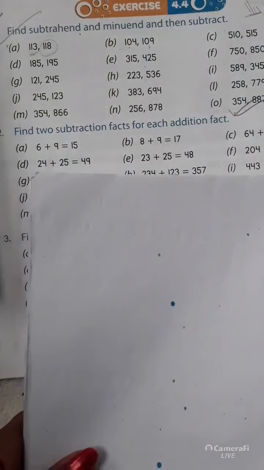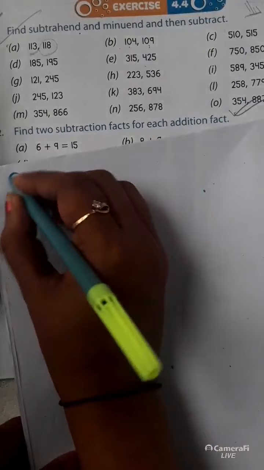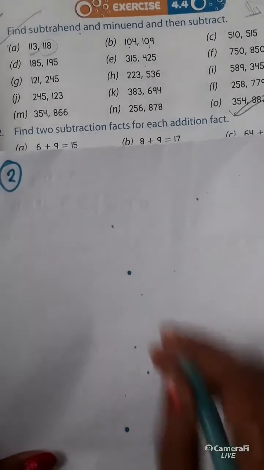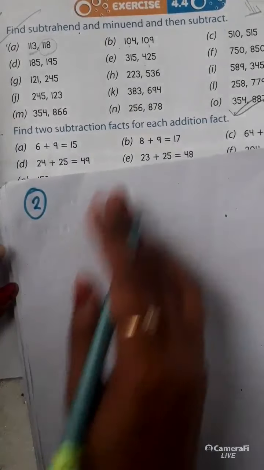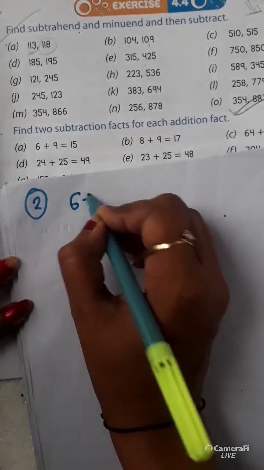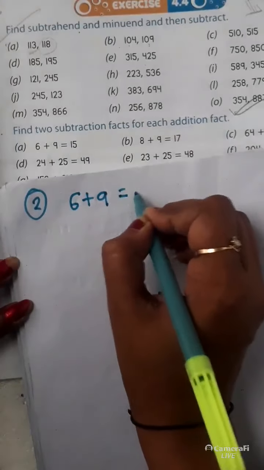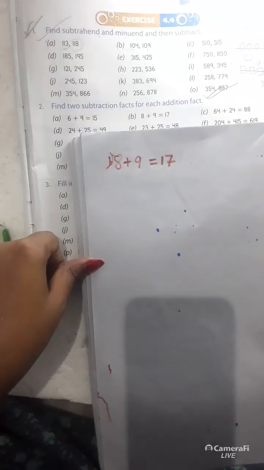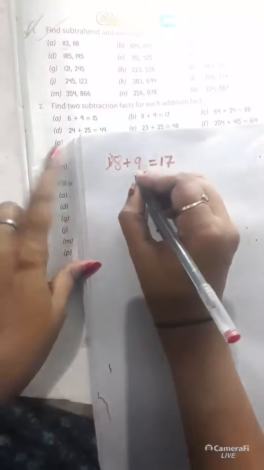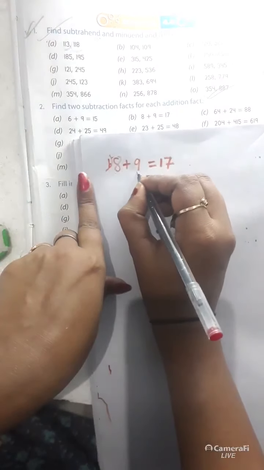Now next one, question number 2. Question number 2 is what? Find two subtraction facts for each addition fact. You can see 6 plus 9 is 15. Okay. So now the second one is what? The second one is 8 plus 9 is equal to 17.